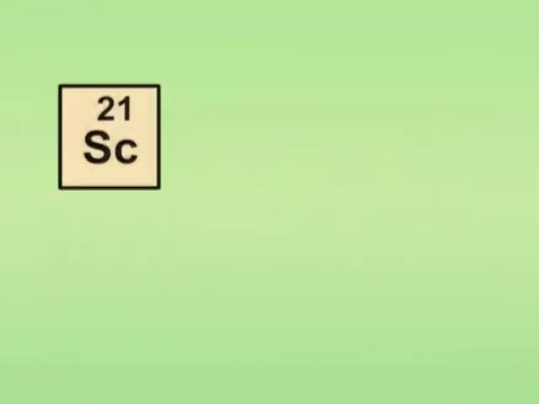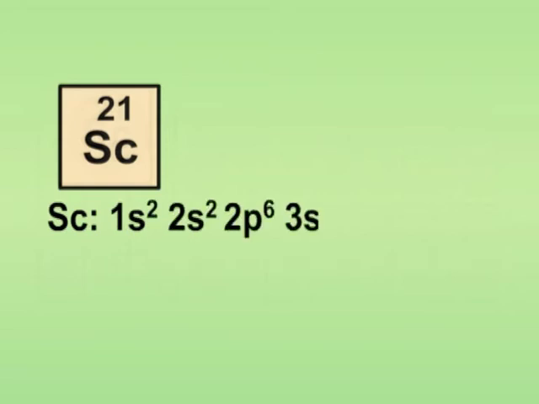We are looking at a transition metal scandium, that is Sc, on the screen. Its atomic number is 21 and its electronic configuration is Sc: 1s2, 2s2, 2p6, 3s2, 3p6, 3d1, 4s2.